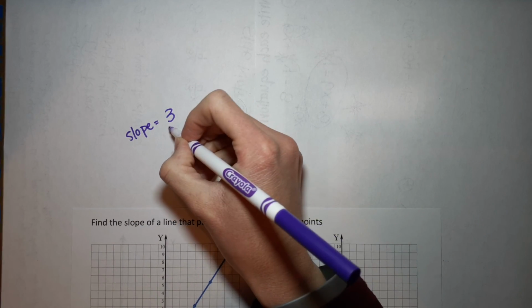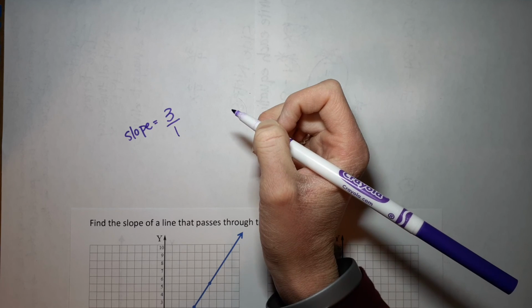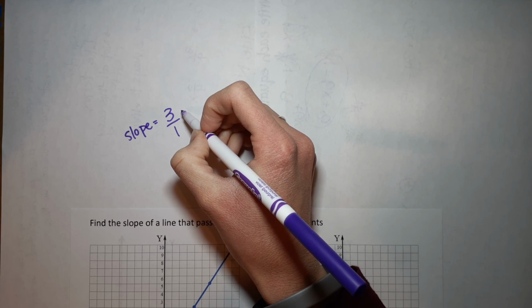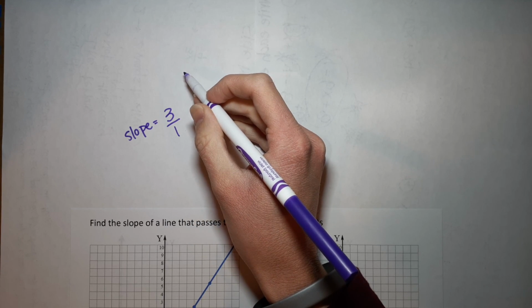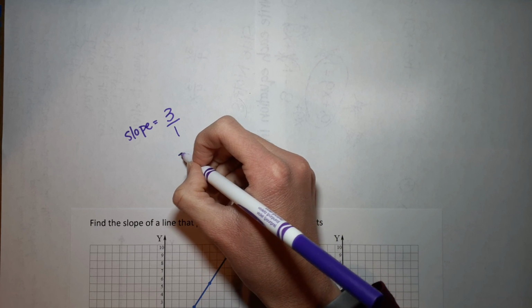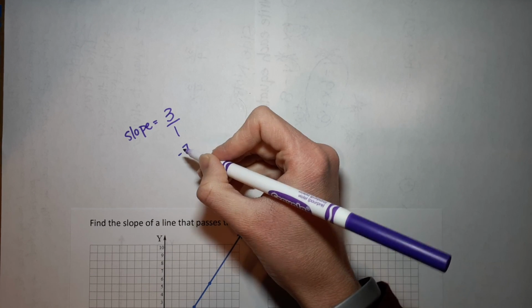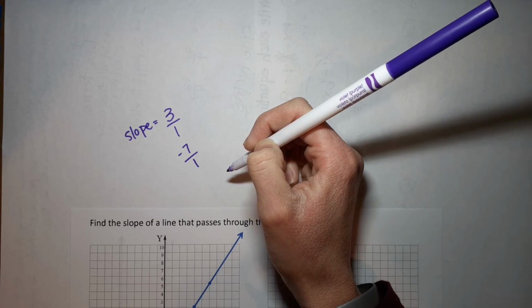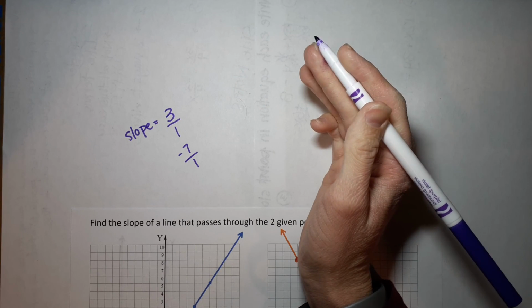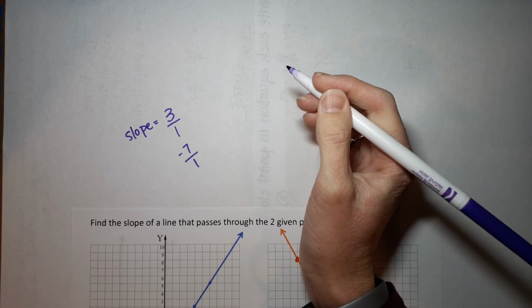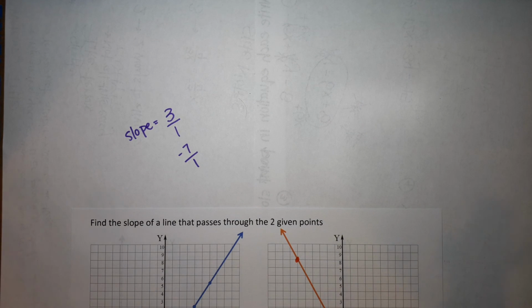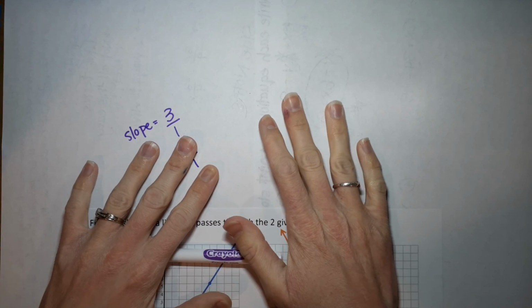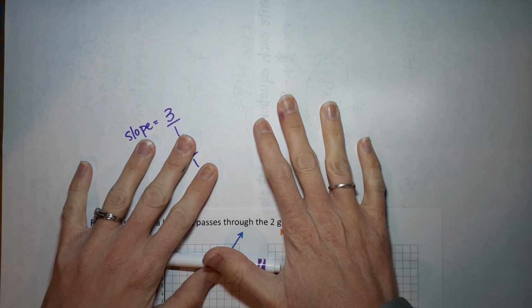So if it's not a fraction, it's just over a 1. So this would be up 3, right 1. Same thing if you had a -7 as your answer. Put it over a 1, it would be down 7, right 1. Now, hopefully that's anything weird you'll run into. Hopefully this all made sense. Hopefully you can go to bed and have dreams of math and they won't be nightmares.